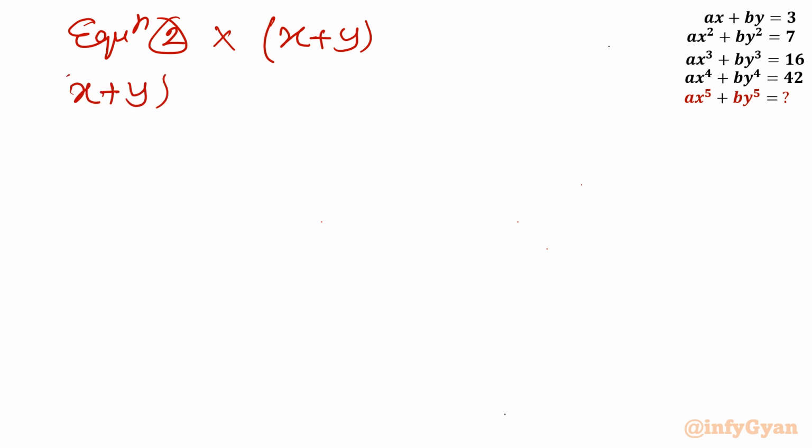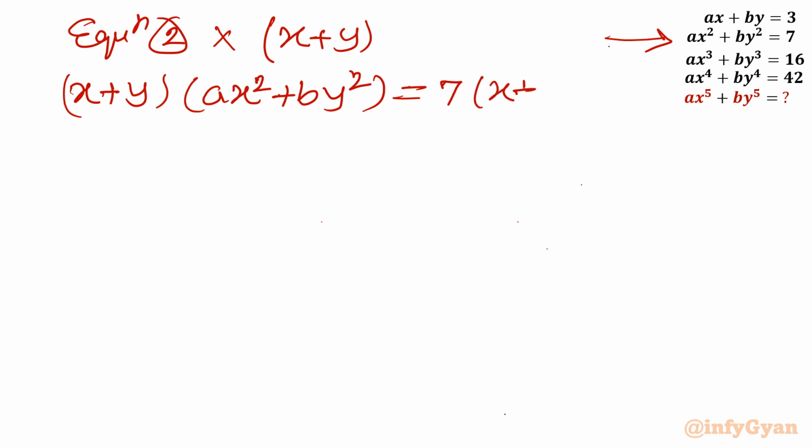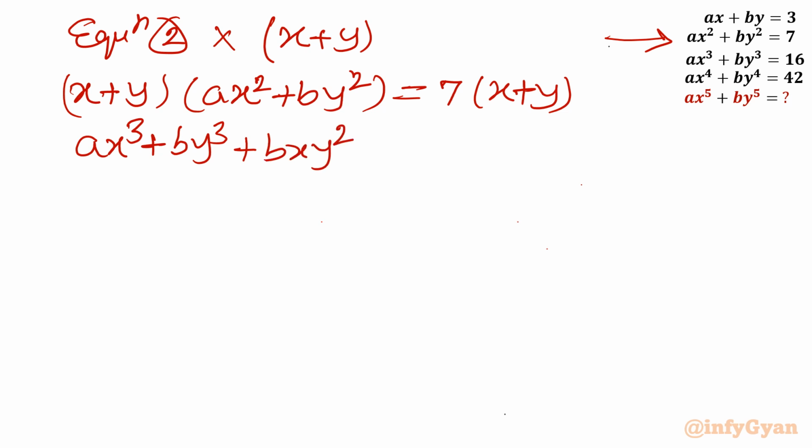x plus y times, this is equation 2, ax^2 + by^2 equal to 7 times x plus y. Let's multiply. ax^3 + by^3. x with by^2, so I will be writing bxy^2. y with ax^2, then I will be writing ax^2 y, equal to 7 times x plus y.